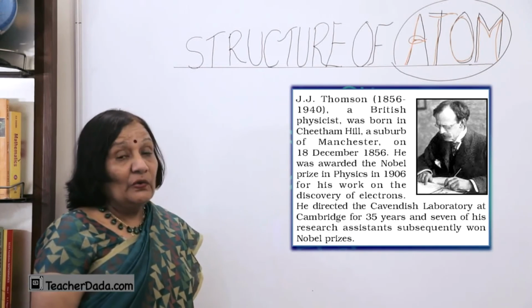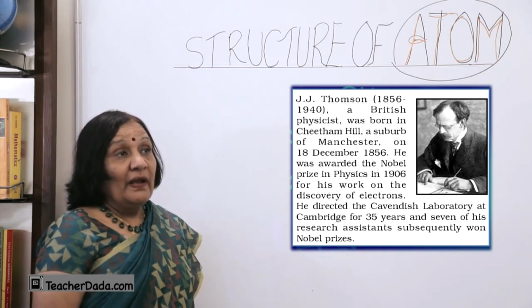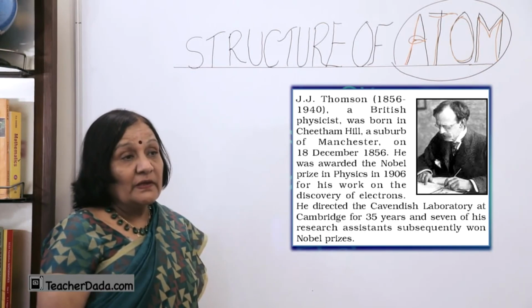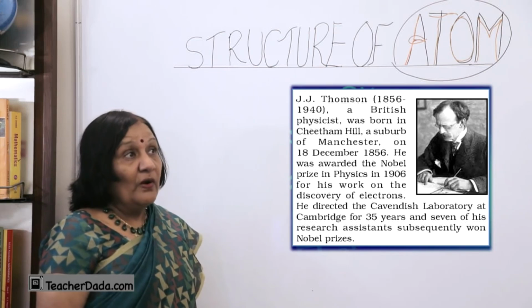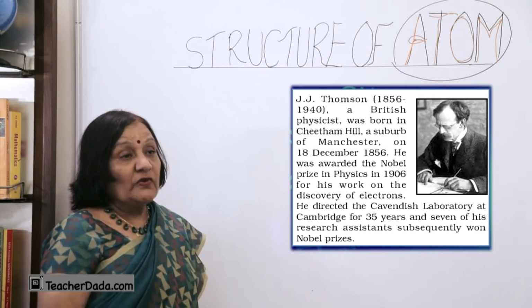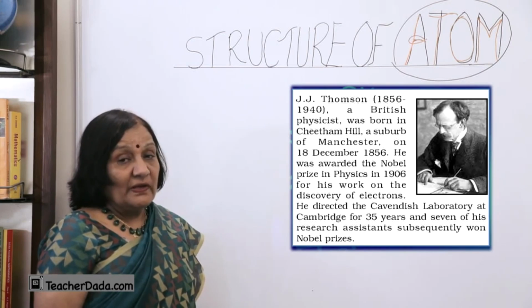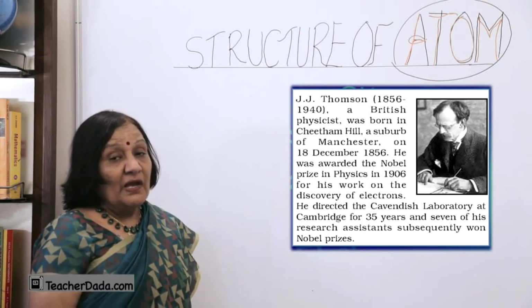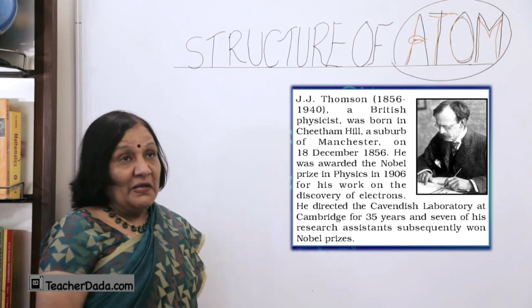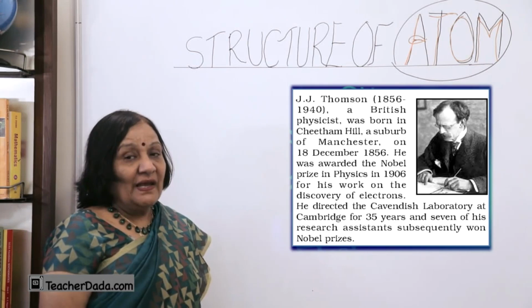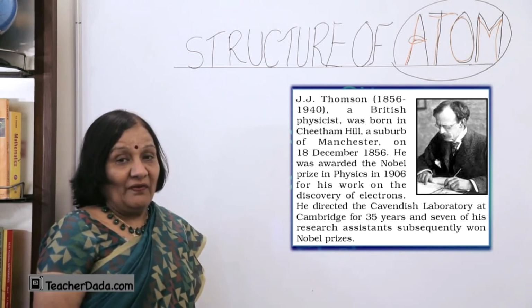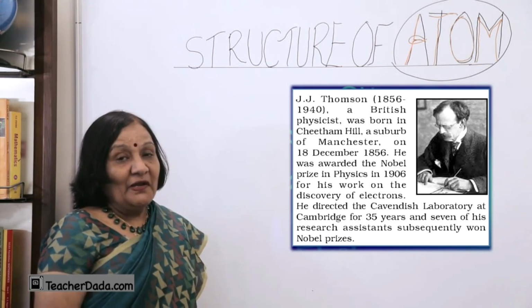And I want to tell you that there were 7 research scholars, his students, who got the Nobel Prize for the research which was taking place under his supervision. So, he was a great scientist. We should always try to respect these people who have sacrificed their whole life in the discovery of different scientific concepts.